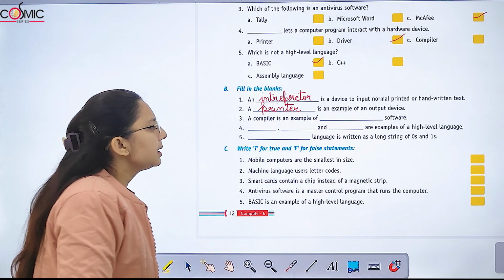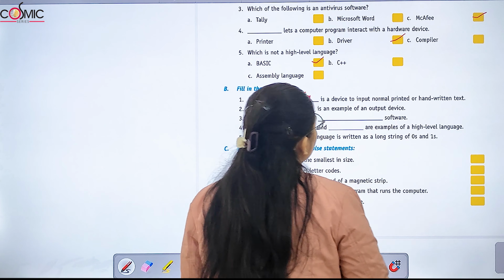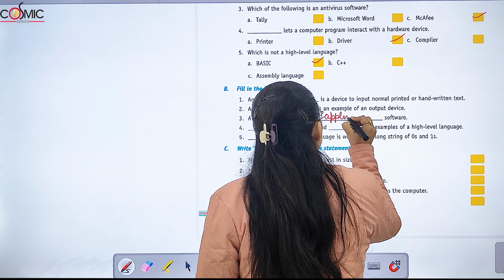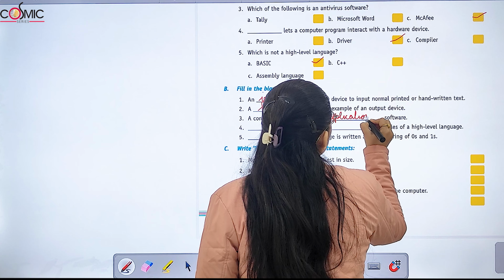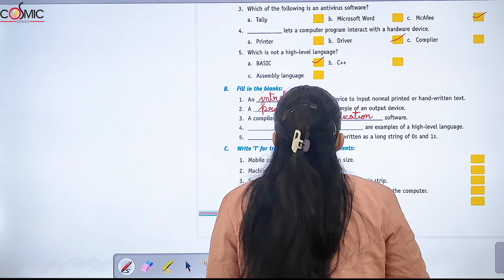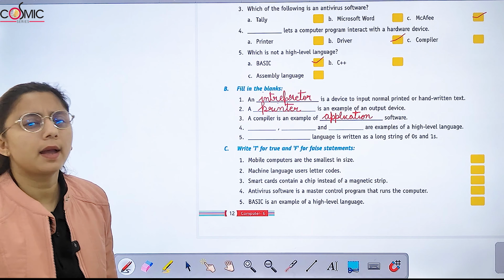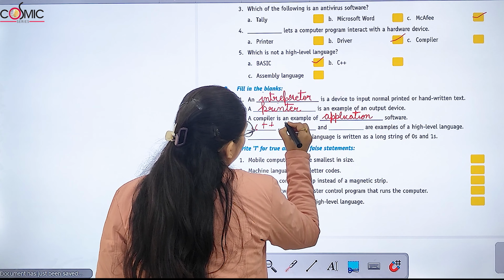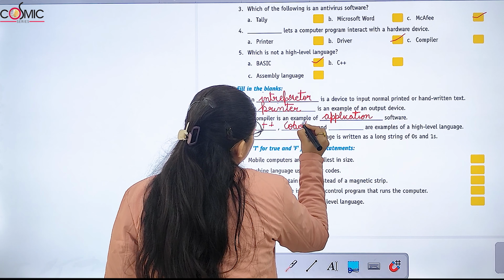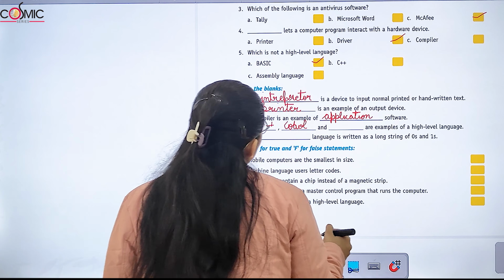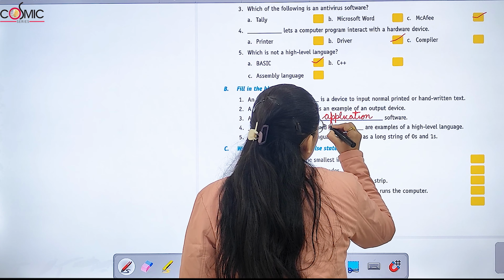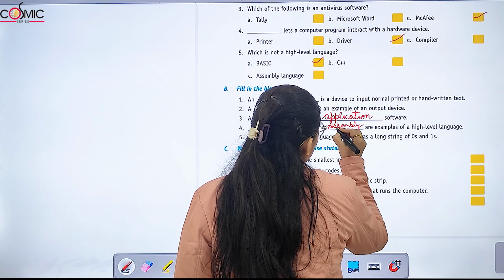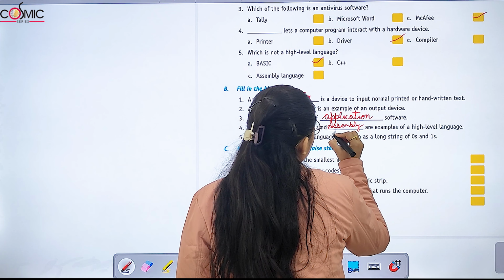A compiler is an example of dash software. Dash, dash, dash are examples of high level languages: CCC, COBOL, and assembly language.